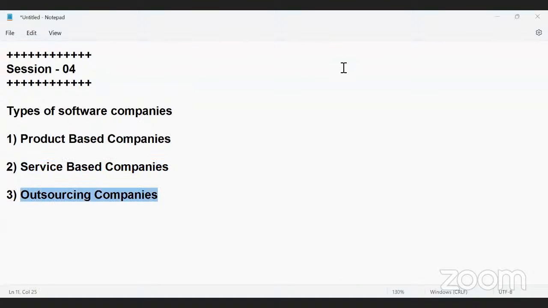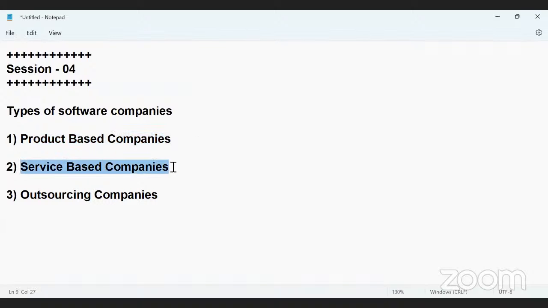What is a product-based company? These companies will develop the projects based on their ideas, based on the market requirements, and they are going to sell those projects in the market.